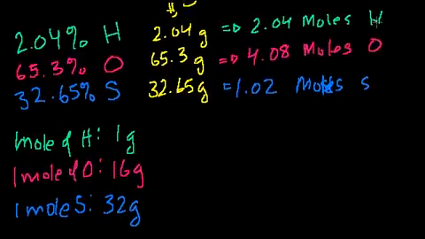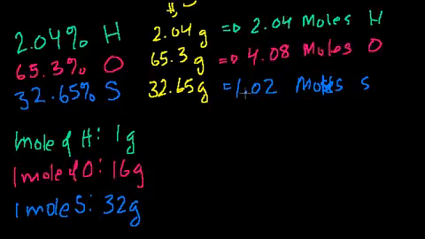And this was hydrogen up here. So here you should hopefully see a pretty good ratio. It worked out exactly, and that's because I made up this problem before, so I made it so the numbers worked out. For every mole of sulfur, so for every 6.02 times 10 to the 23 sulfur atoms, you have 2 moles of hydrogen, right? This ratio is 1 to 2. 2 times 1.02 is 2.04.